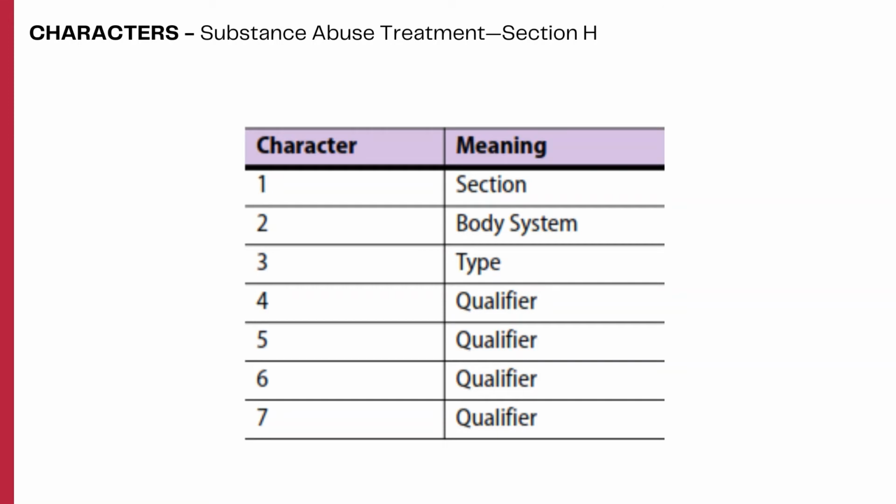The fourth character further specifies the procedure type. The qualifier values vary depending on the root type procedure from character 3, so it's all dependent on character 3 for this section. The fifth through seventh characters are designated as qualifiers but are always none as the value for this particular section.